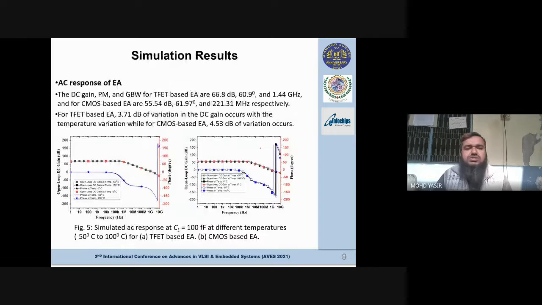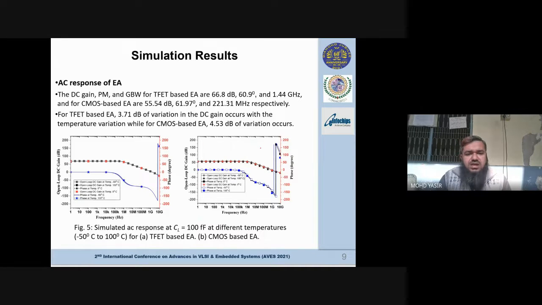These are the simulation results. These are the AC response of the error amplifier. DC gain, phase margin, and gain bandwidth for the TFET based error amplifier are 66.8 dB, 60.9 degrees, and 1.44 gigahertz. And for the CMOS based error amplifier, these characteristics are 55.54 dB, 61.97 degrees, and 221.31 megahertz respectively.